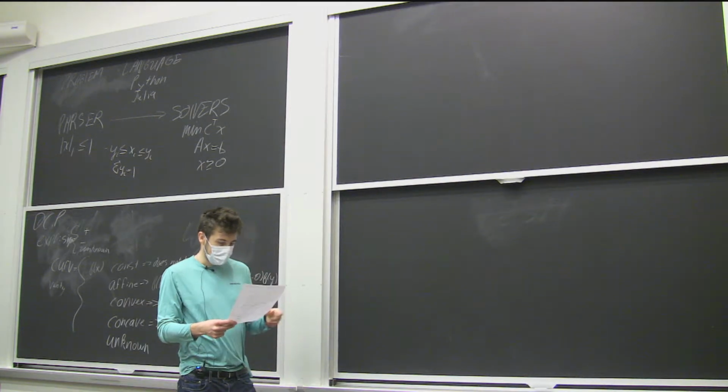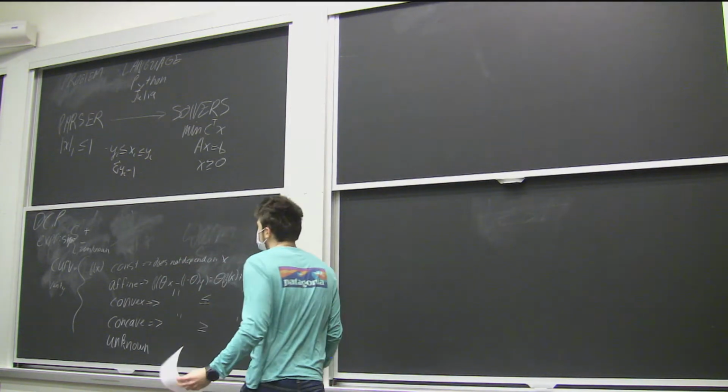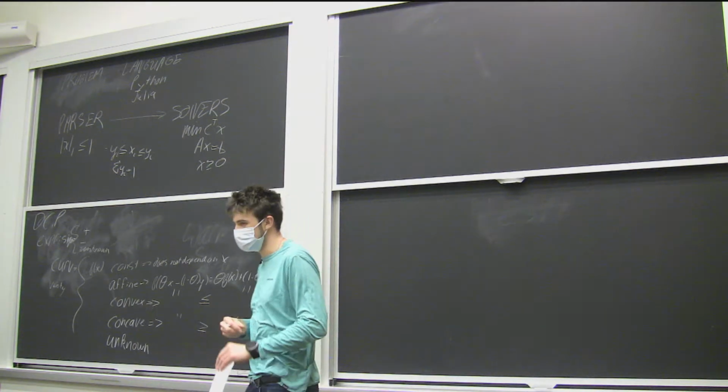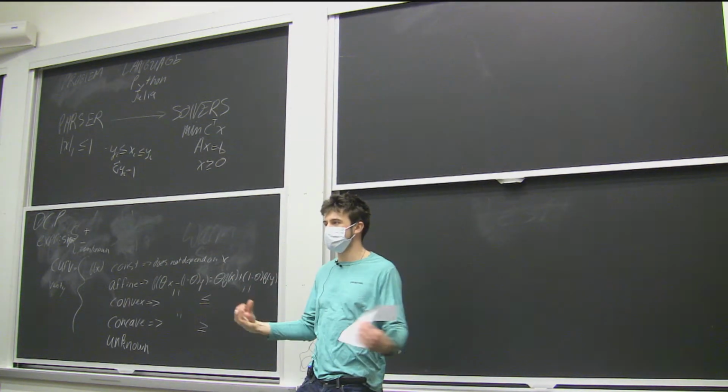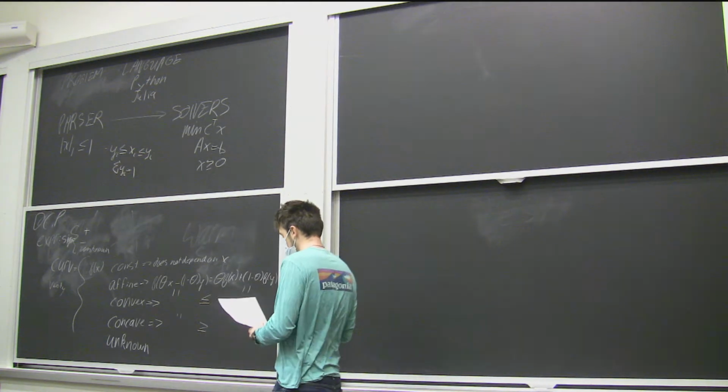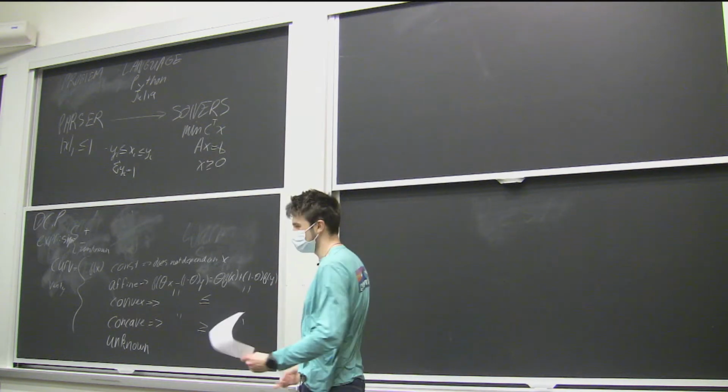Okay, and so every expression is going to be built up from atoms, and it's just a composition of functions. And so the question is, how do I compose and still check convexity?